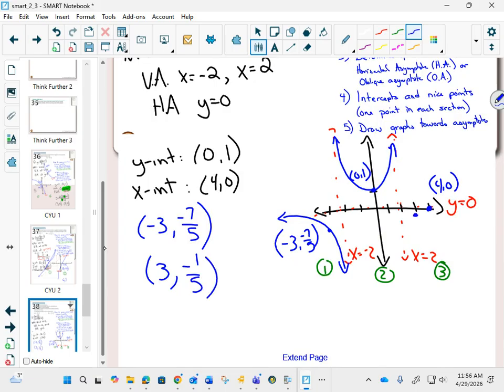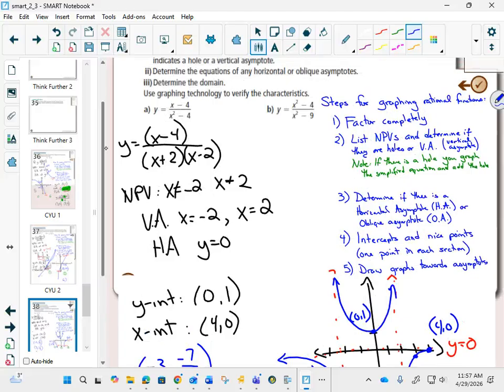Okay, that tells me I at least know this has to happen. After 4, the graph could go up and come back towards the asymptote, or it could bounce off and then go back towards the asymptote. I'm going to find out what it does by plugging in 5.